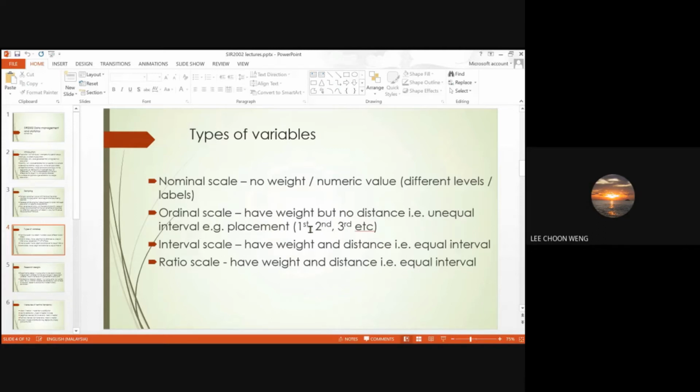Okay, so this is the definition of an ordinal scale. It has weight but no distance, which means unequal interval. So interval scale is where it has weight and distance and also equal interval. Same as ratio, which has weight and distance and equal interval.